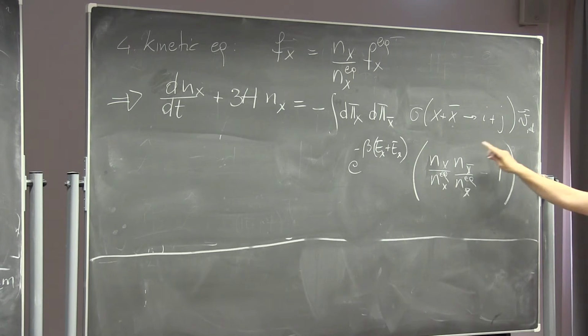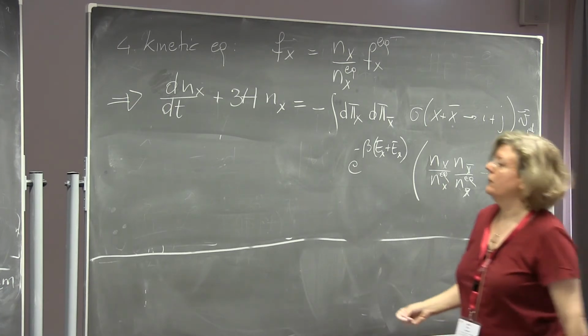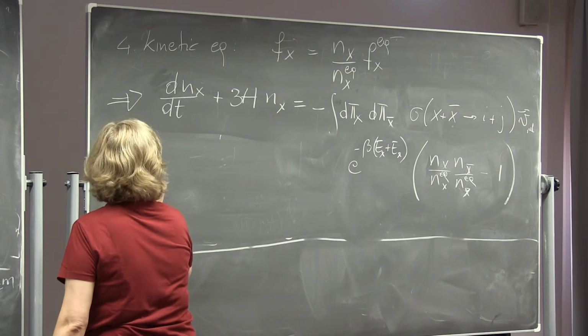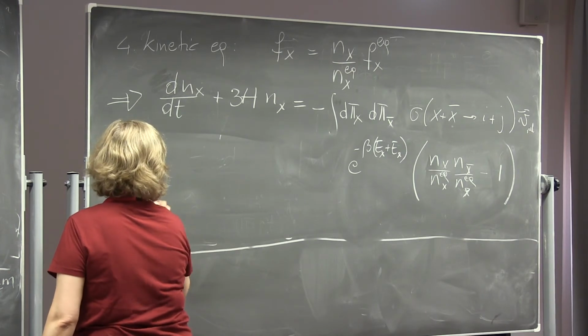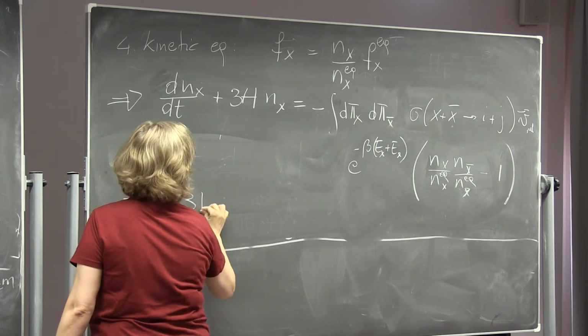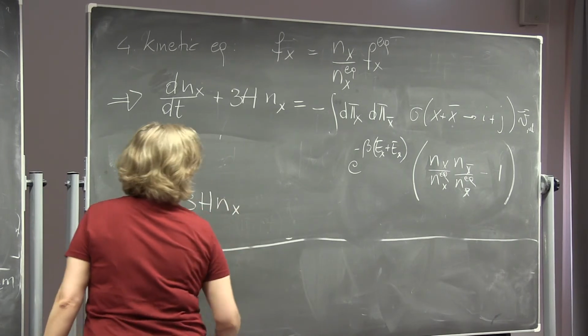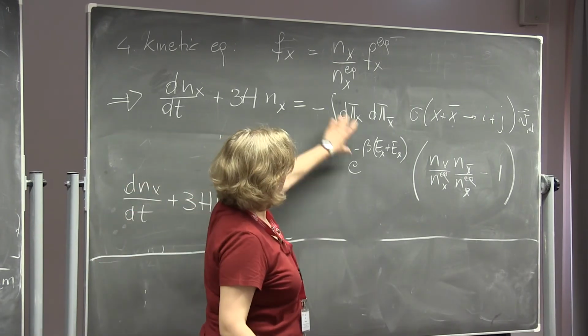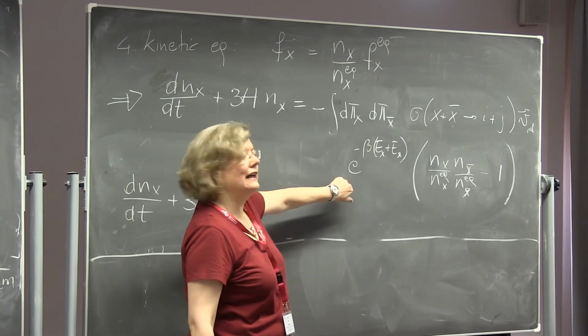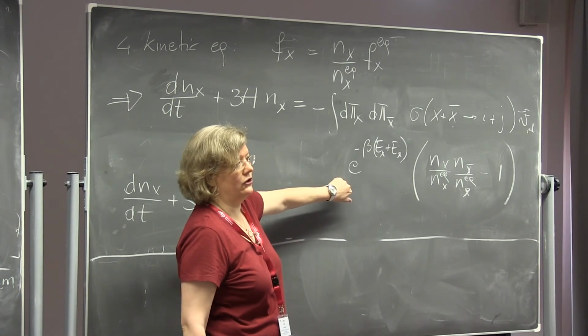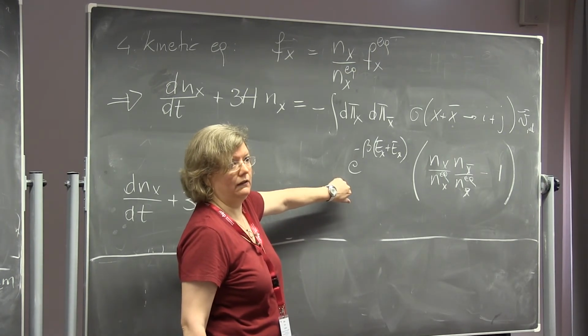And then this factor here does not depend on momentum, because the number density depends only on time, so I can take it out. So at the end I have this, which is nothing else than a kind of thermal average of the cross-section on the initial state.